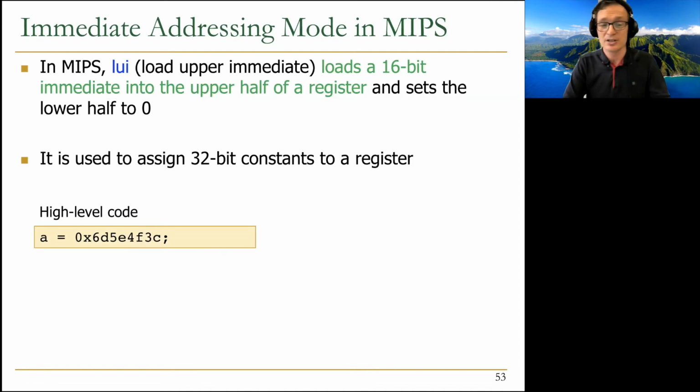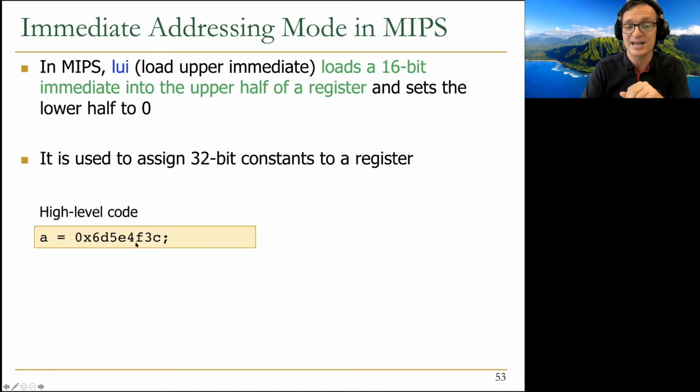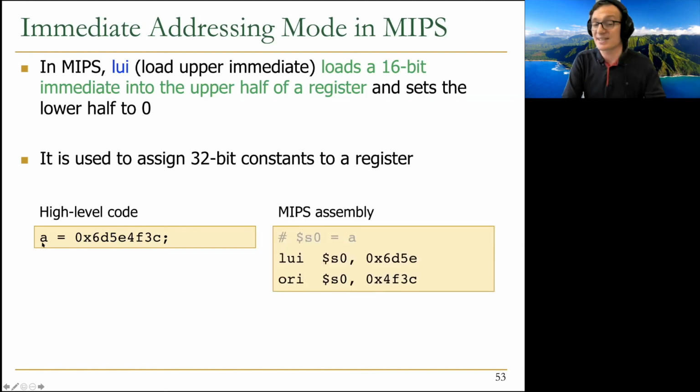Let's take a look. Let's assume that your high-level code is like this. I want to generate this 32-bit number and assign it to a variable. MIPS assembly looks like this. Essentially, you have this load upper immediate instruction, which loads the upper 16 bits of S0 with 6D5E, which is the top 16 bits of this value.